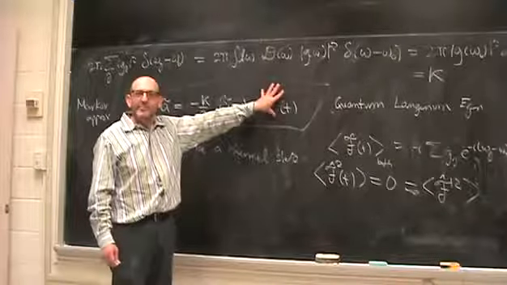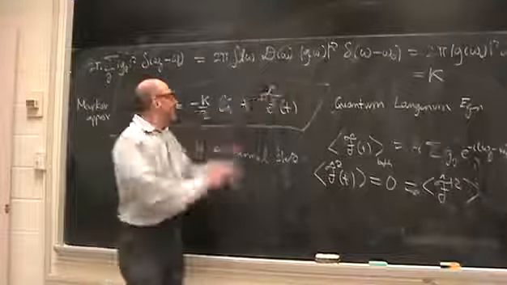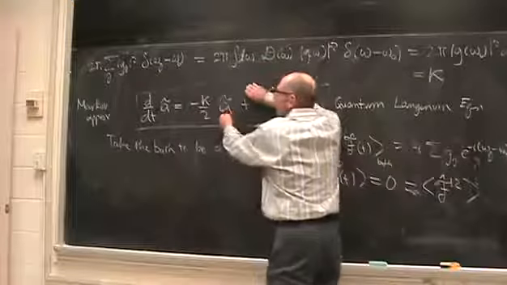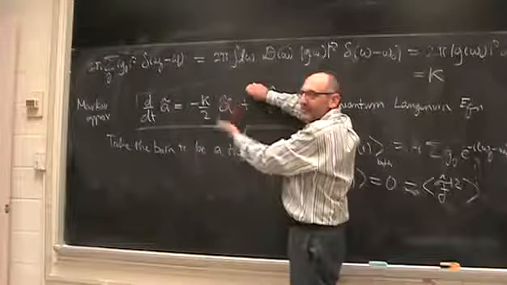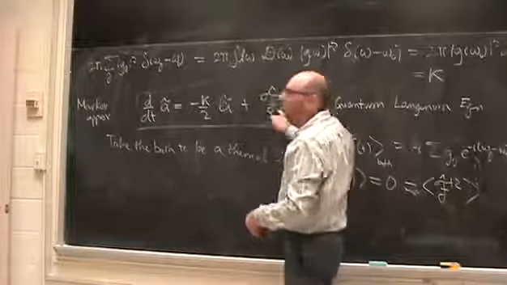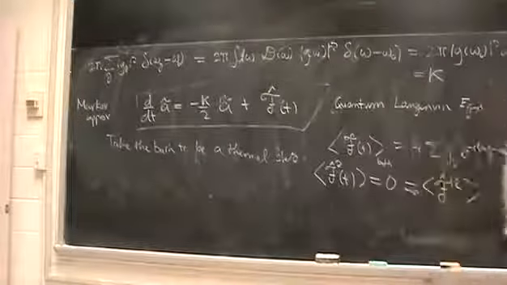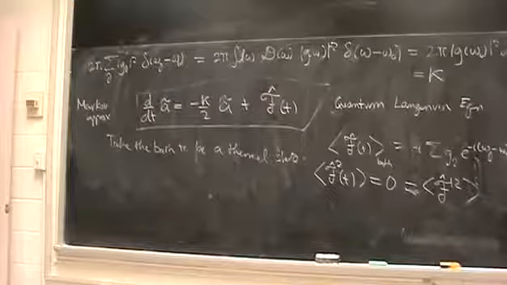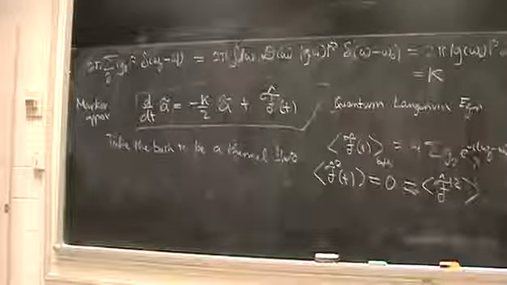Without this term, we would just find that the mode A would decay and the fluctuations in mode A would go to 0. We need the source in order to replenish that and maintain the quantum case, even at 0 temperature. And there's that, well, that was a half plus 1, sorry.